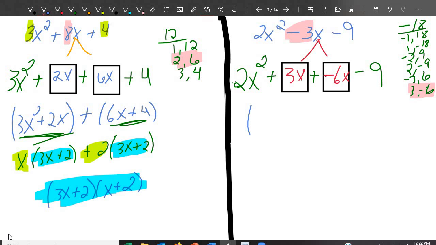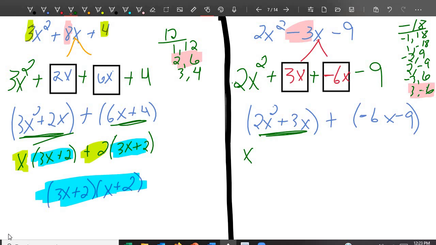Now comes the grouping method. 2x squared in this one, and the 3x, and then minus 6x minus 9 in the second one. And again, we can factor out the GCF. In this case it is an x, so we get 2x plus 3.